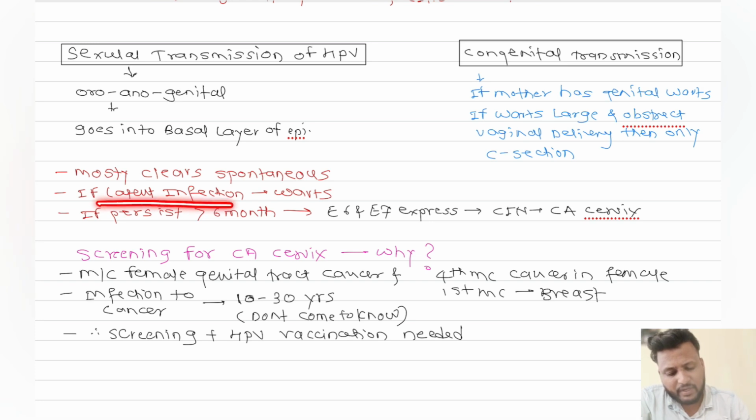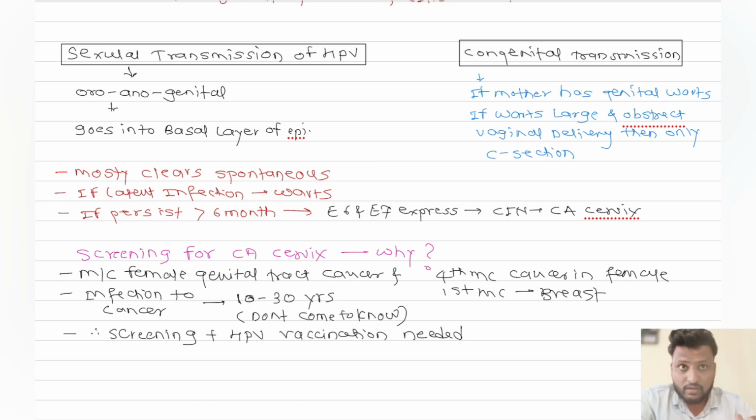If there is latent infection, it causes warts. But if this HPV persists for greater than 6 months, then it can cause carcinoma cervix. That is your E6 and E7 genes, which are responsible for the malignant transformation. So if it persists greater than 6 months, that's why it is very important to diagnose and treat early.